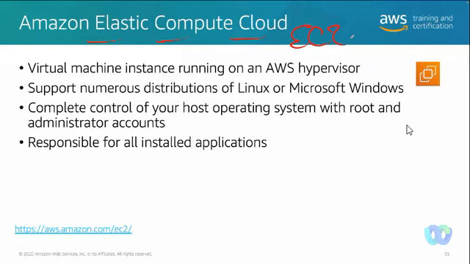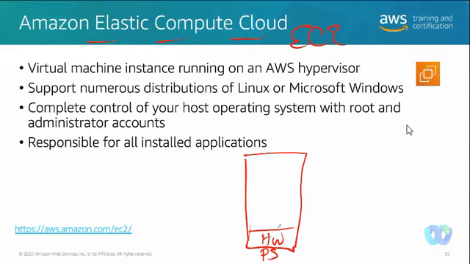So for those of you who are less familiar with virtualization, let me explain a bit what it is and how it works. We've got a physical server running in one of AWS's data centers. That physical server has physical hardware.